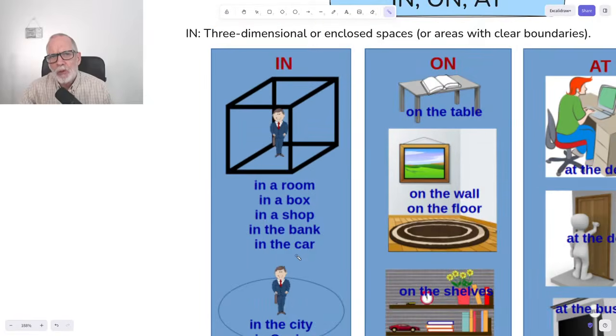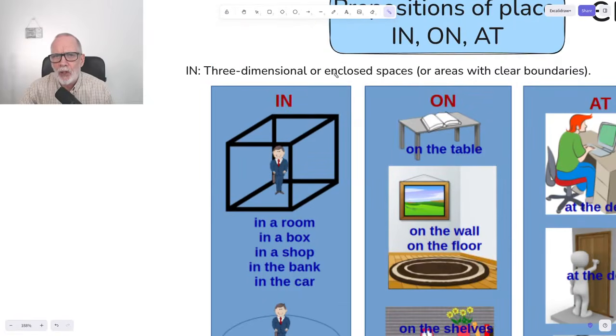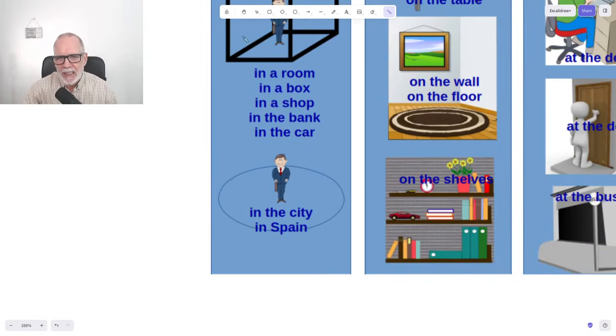También vimos espacios cerrados que están bien definidos. Por ejemplo, in a city, in Madrid, in London, in Paris, o in a country, porque es un espacio bien definido.